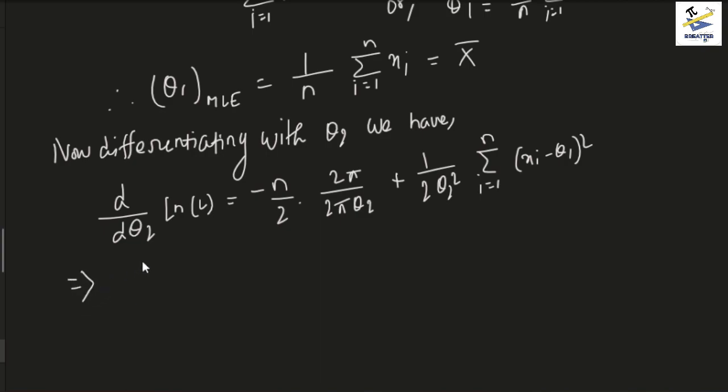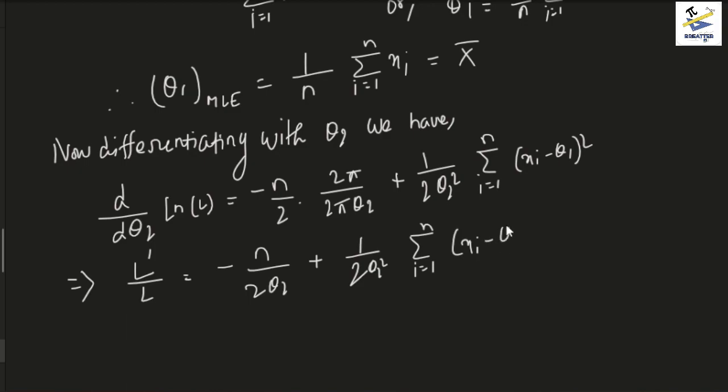And therefore L prime by L is minus n by 2 theta 2 plus 1 by 2 theta 2 squared times the sum from i equals 1 to n of xi minus theta 1 squared.